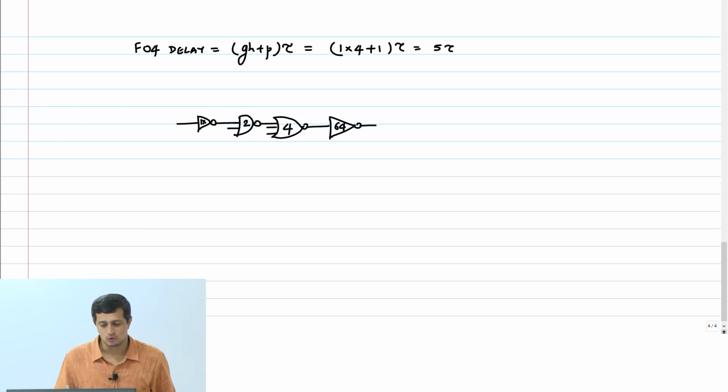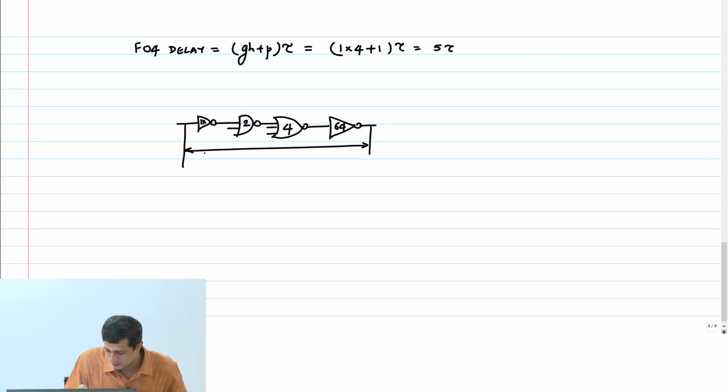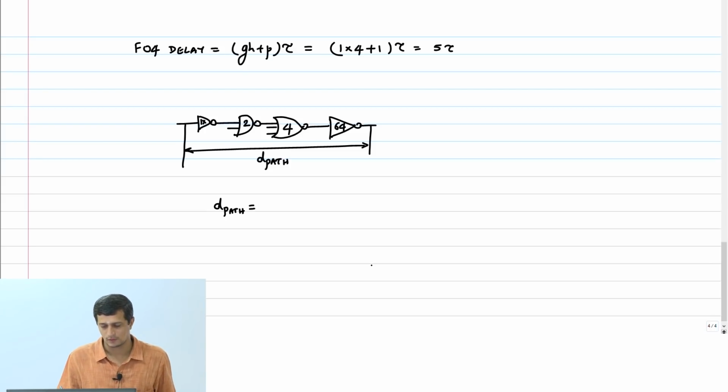So what I want you to do is now calculate the delay of this path, D path. So D is simply summation of the independent delays.